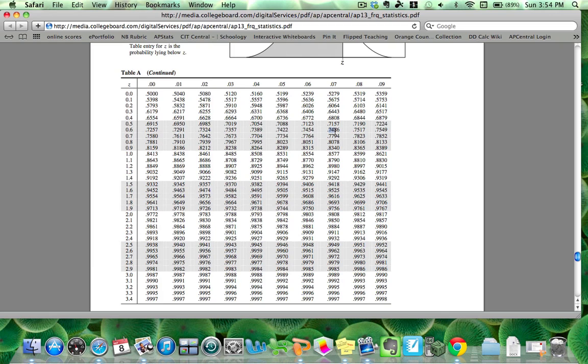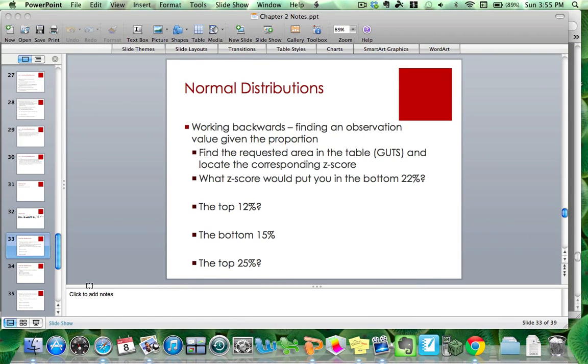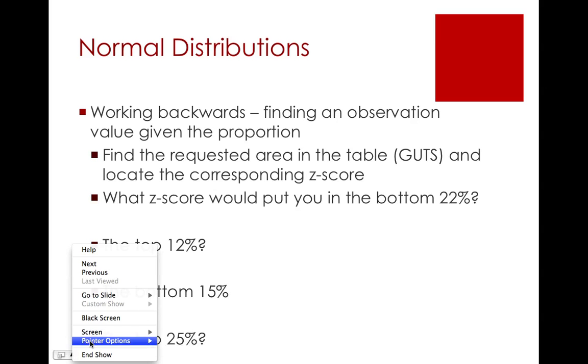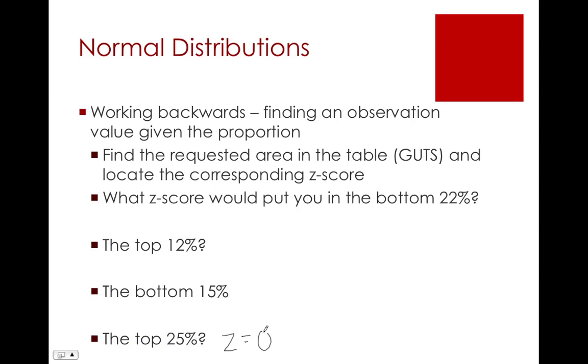That's a little bit closer than the ones on either side. So that's going to give me a z-score of positive 0.67. Positive 0.67.